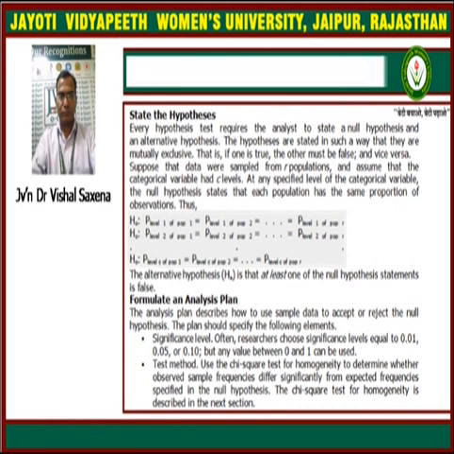Test method: use the chi-square test of homogeneity to determine whether the observed sample frequencies differ significantly from the expected frequencies specified in the null hypothesis. That is always a part of our analysis. We use the chi-square test for homogeneity to see whether the observed frequencies are different from the expected frequencies or not.